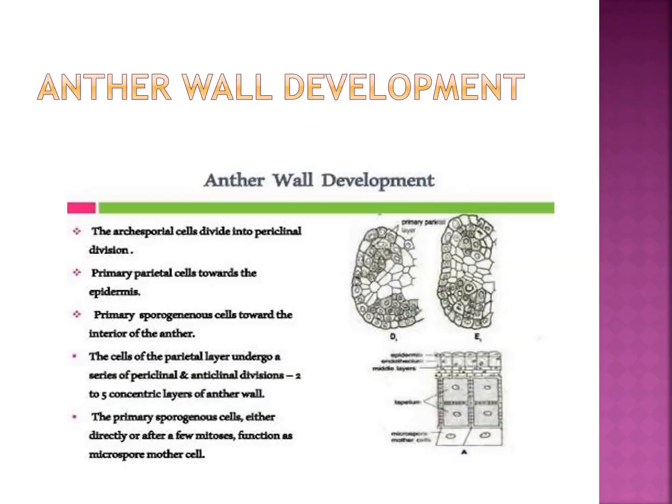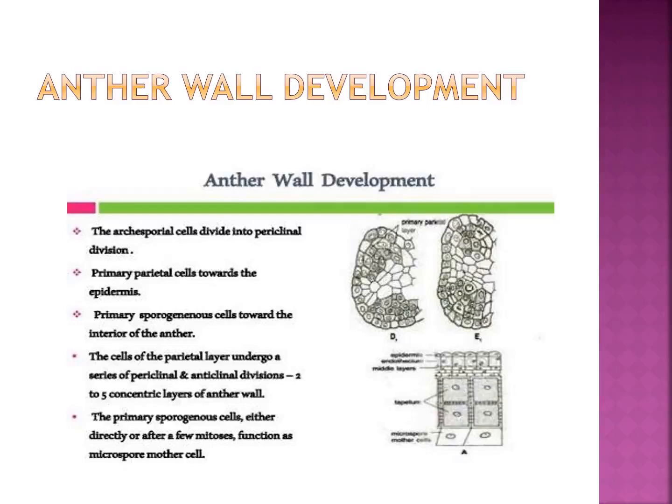So, anther wall development. Look at this picture. The archesporial cells divide by periclinal division. The primary parietal cells are towards the epidermis. The primary sporogenous cells are towards the interior of the anther.